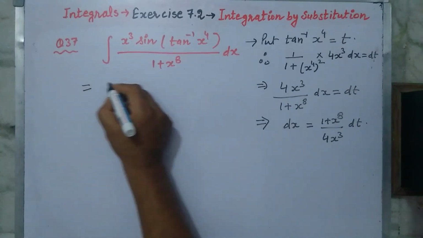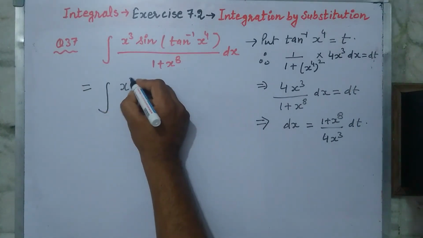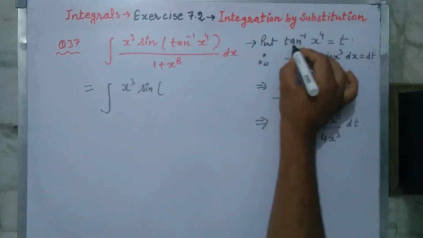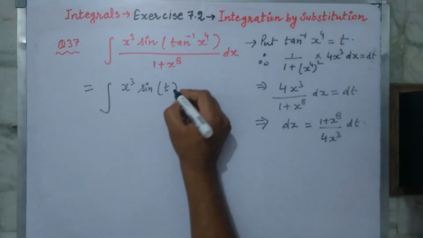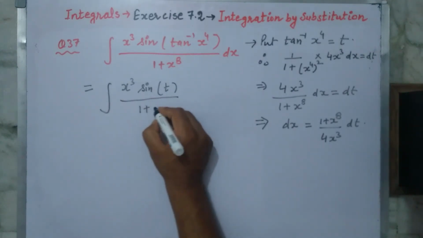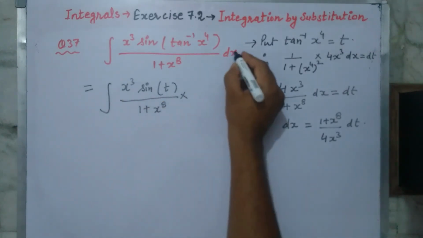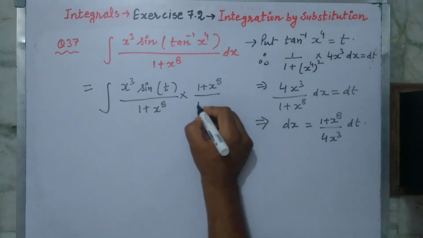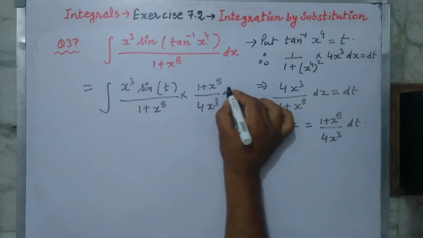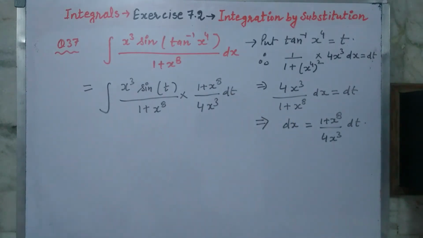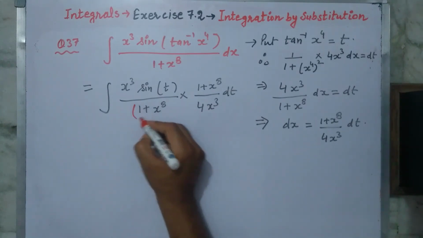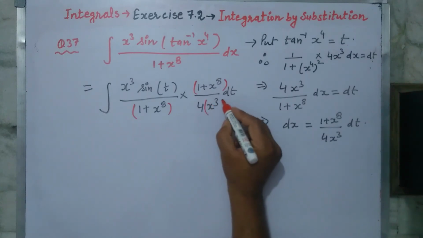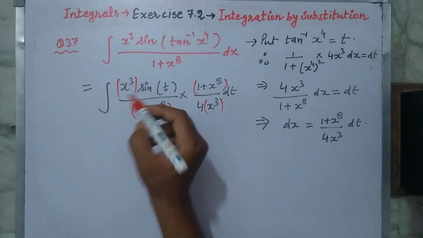So this question becomes x power 3 sine of, this is assumed equal to t, upon 1 plus x power 8 into dx, meaning 1 plus x power 8 upon 4x power 3 into dt. So 1 plus x power 8 cancels, x power 3 cancels.